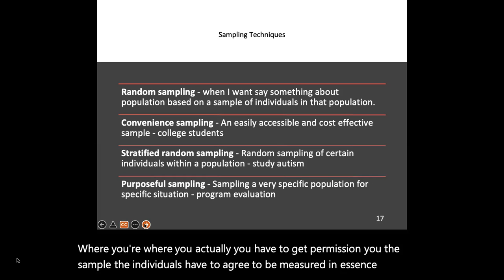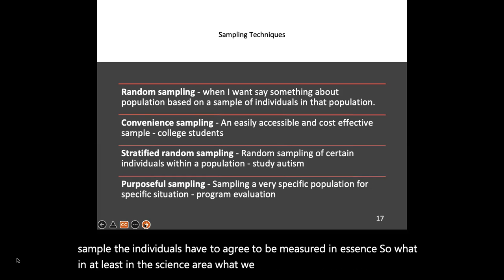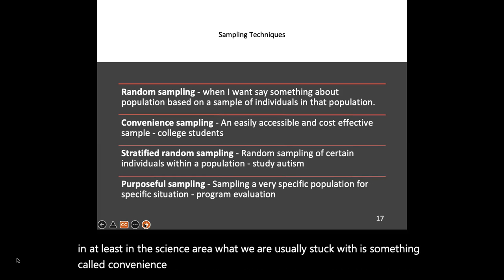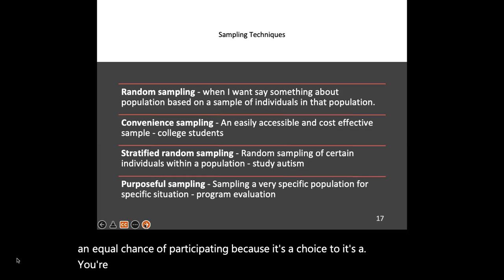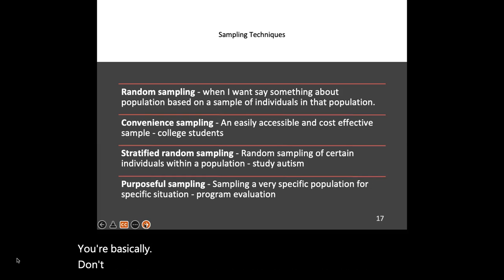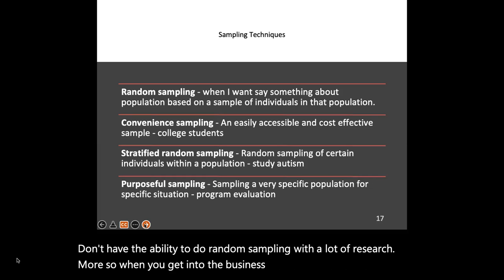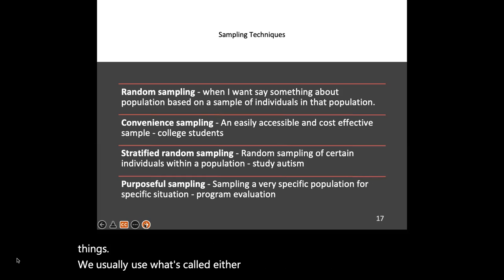So at least in the science area, what we are usually stuck with is something called convenient sampling, and that's basically, everyone doesn't have an equal chance of participating because it's a choice. You basically don't have the ability to do random sampling with a lot of research. More so when you get into the business realm, marketing, those types of things, we usually use what's called either a stratified random sample or a purposeful sampling.